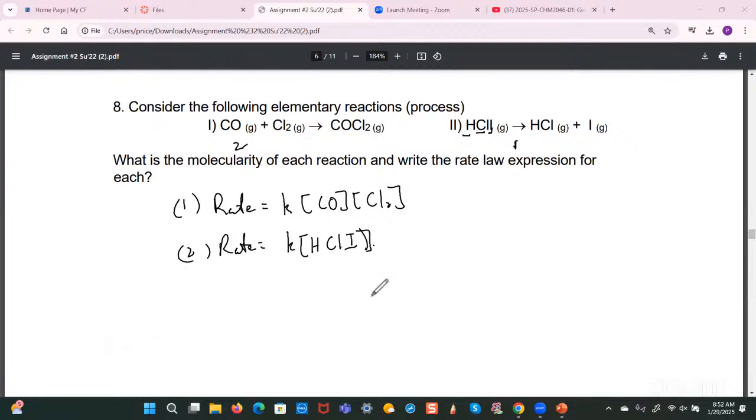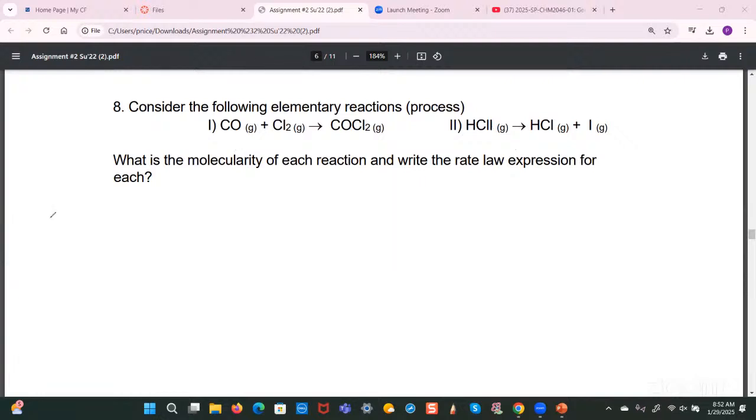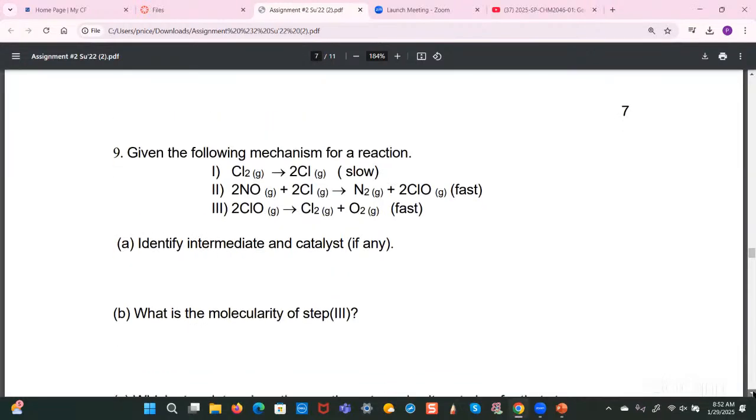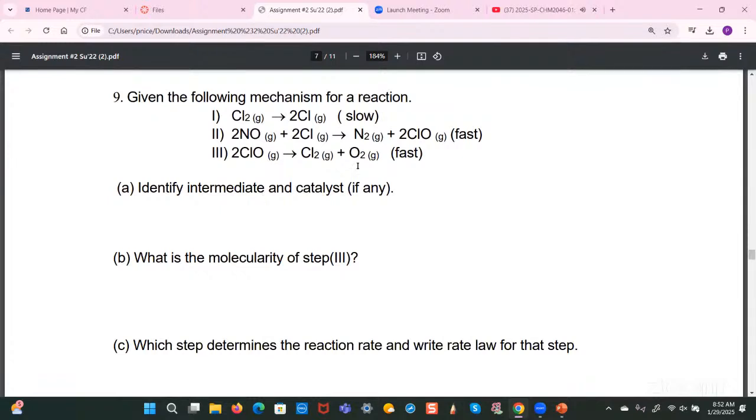All right, let me clear this. So number 9 gives you a 3-step mechanism. The first question is, identify the intermediate and catalyst, if any. Now let me remind you, an intermediate is a substance which is formed in a previous step and then used up in the next or some subsequent step.